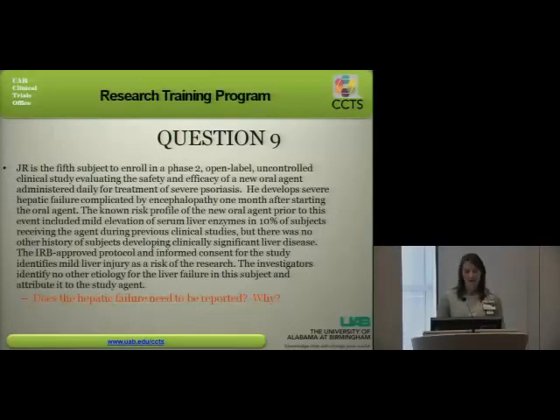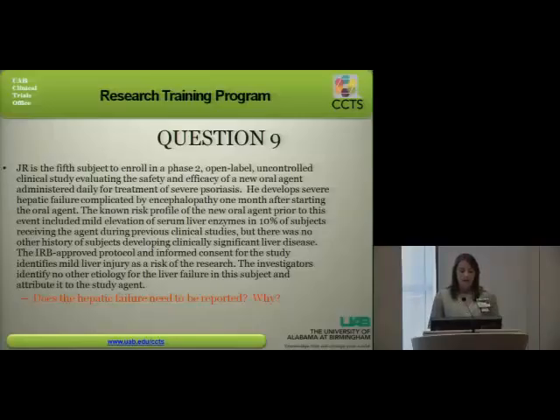Question number 9. So JR is the 5th subject to enroll in a Phase 2, open-label, uncontrolled clinical study evaluating the safety and efficacy of a new oral agent administered daily for the treatment of severe psoriasis. He develops severe hepatic failure complicated by encephalopathy 1 month after starting the oral agent.